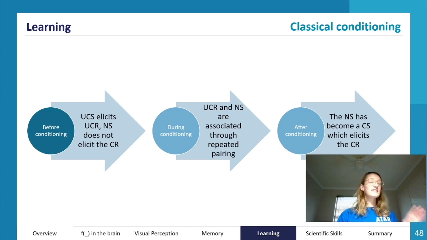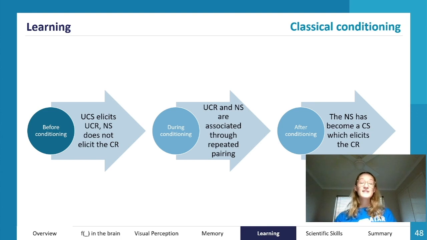So UCS, unconditioned stimulus, elicits UCR, unconditioned response. Before the dogs underwent conditioning in Pavlov's experiment, the unconditioned stimulus is something that naturally elicits the unconditioned response.